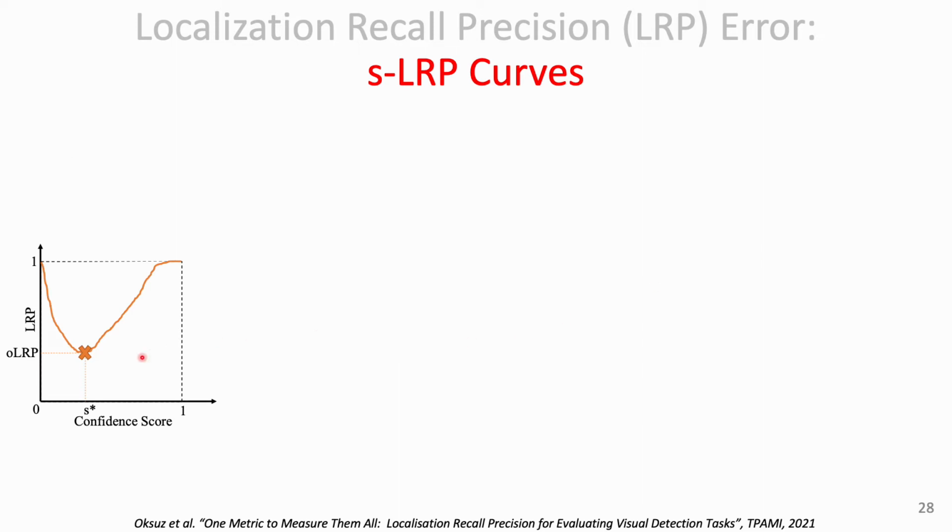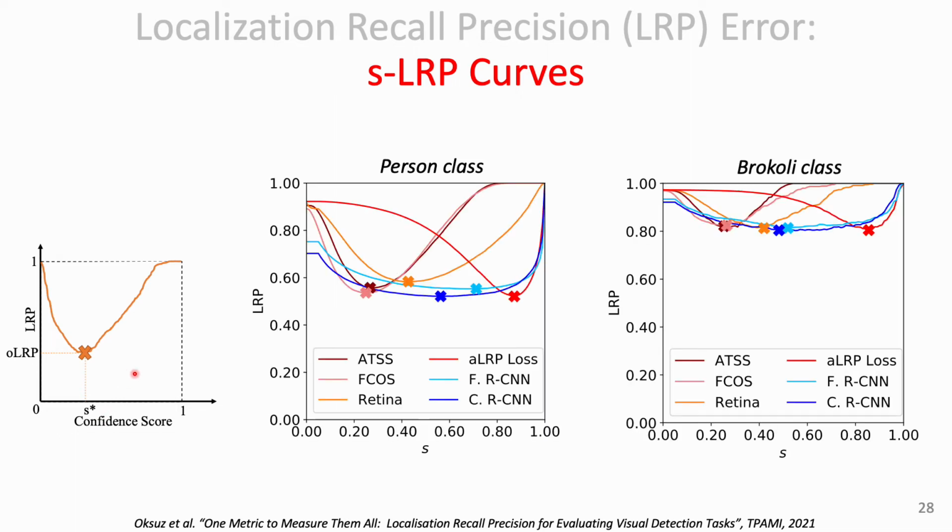In LRP, plotting confidence scores against LRP values gives important clues about the detector. We find these plots very important, and we call them S-curves. We can analyze the S-curves for different detectors and for different classes.